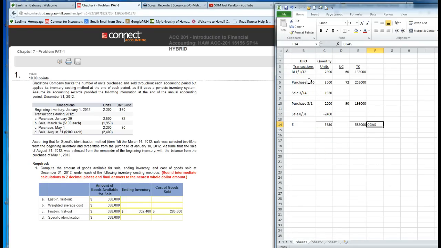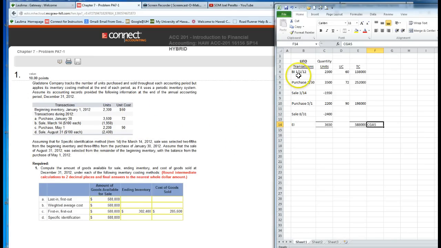We're going to work on the LIFO calculations in this video. But notice all I've done here in setting up this spreadsheet is copy the information that's already given in the problem.